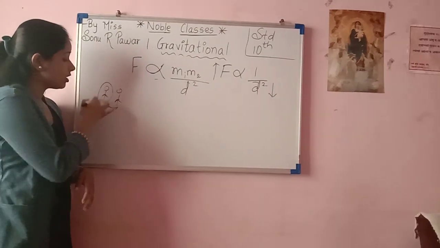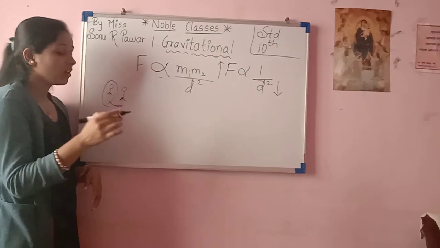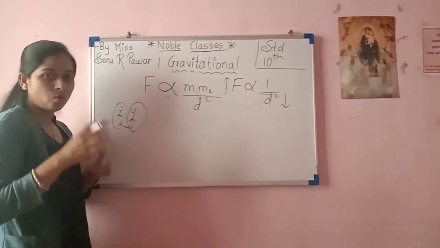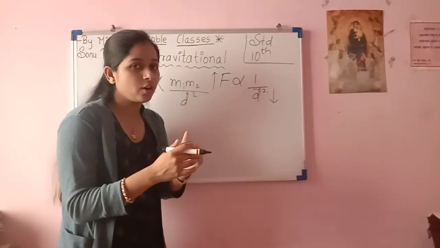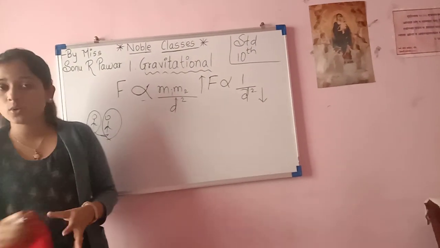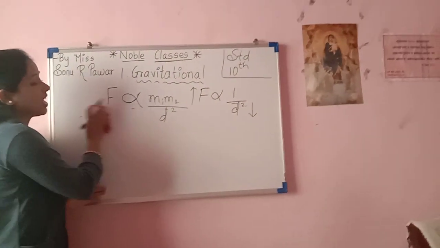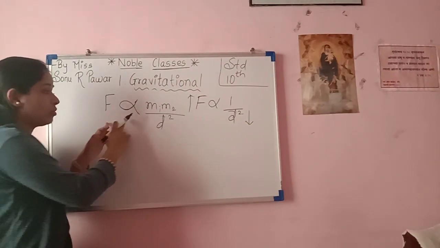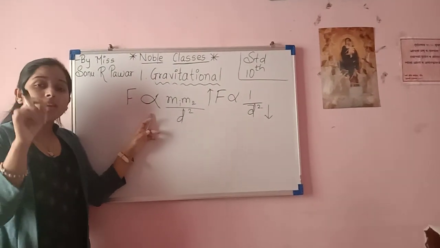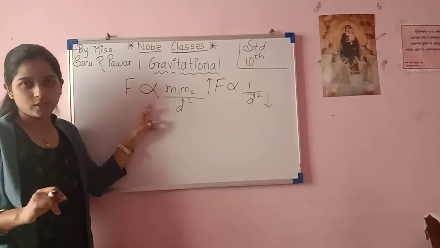One will only stop fighting if a stronger person is there in front of him, right? Only then will he stop fighting. Here also, what happens with the direct proportionality sign? This proportionality sign will only go when we introduce a stronger person.